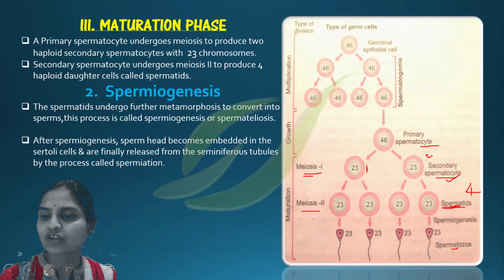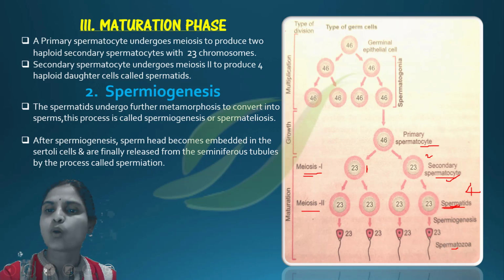The process of transformation of spermatids to sperms is called spermiogenesis. Very, very important. After spermiogenesis, we can find 4 sperms are produced.